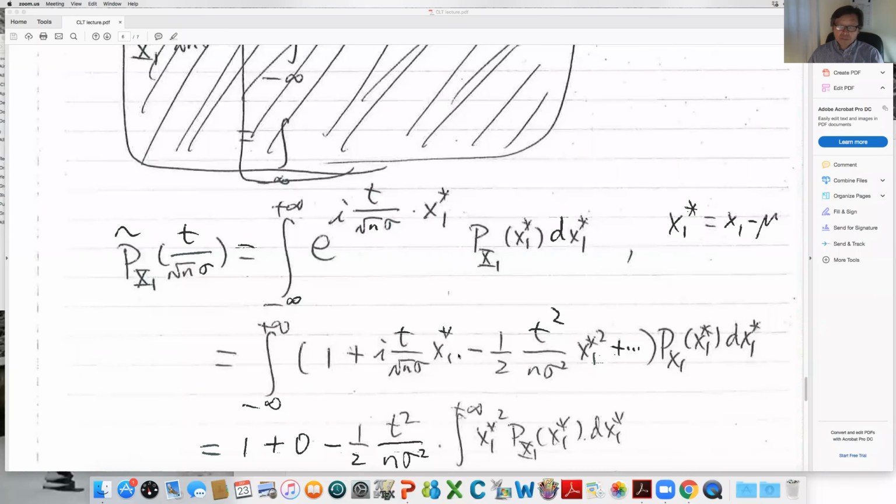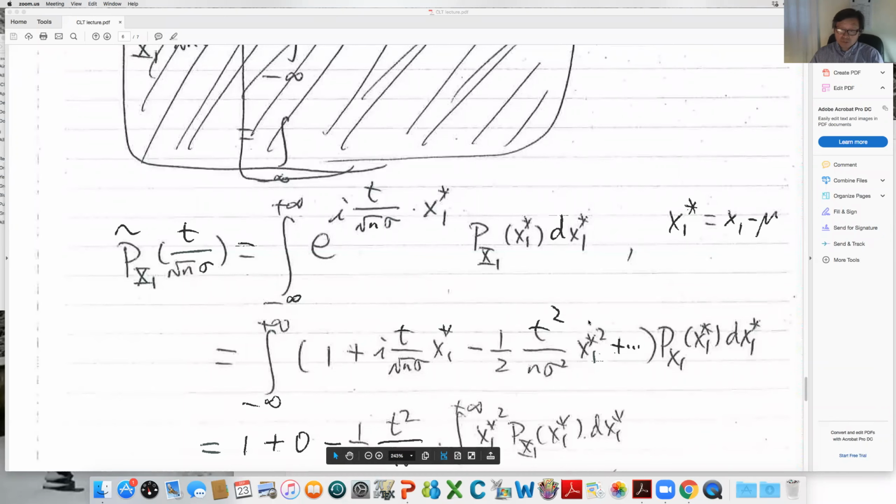The second one, because this is an even function, when we do this integral, will give me 0. Remember, this is defined around the mean. Because x1 is the deviation from the true mean, if you integrate over all possibilities of the whole population, this gives me 0, as it should.